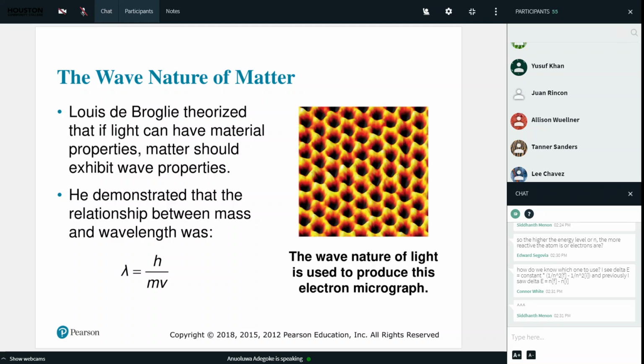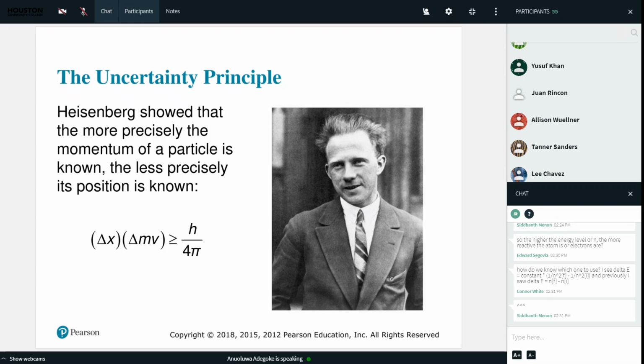All right, so we also look at the wave nature of light, which is explained by de Broglie. De Broglie introduced mass into the concept, where the wavelength equals Planck's constant divided by mass times velocity. De Broglie is another scientist who gave an explanation about the electronic structure of atoms. Then another scientist, Heisenberg, also gave his description.